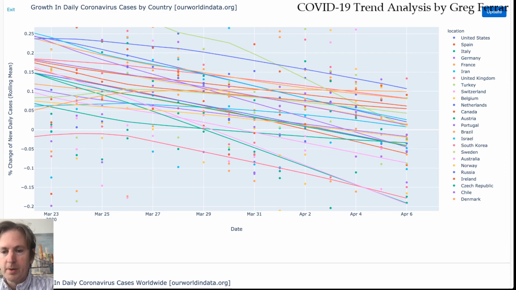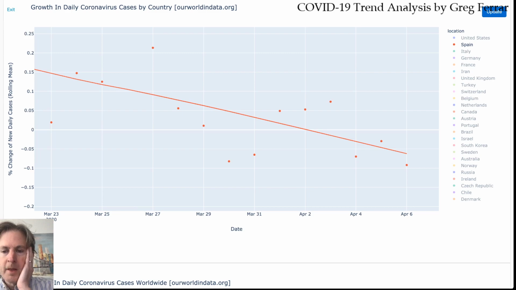Spain, also a terrible hot spot, is looking very good. It turned the corner some days ago, apparently. The trends continue for Spain. Let me take a look at Spain, though, because I see a red dot up there, and I just want to check if that's Spain. Nope, it isn't. Spain's dots are still good. The last three days are all below zero, and some other days too.